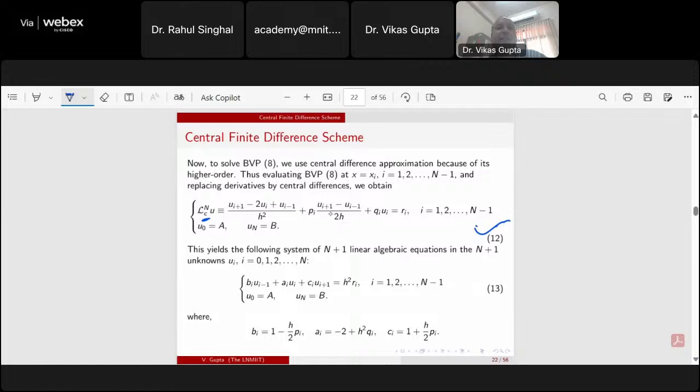This is the approximation of u prime at the point xi, plus q_i u_i equal to r_i. u_i means the value of the solution u at the point xi, and the boundary conditions are of course specified by u_0 equal to a and u_N equal to b. Because u_0 means the function value of u at the point A, and u_N the function value of u at the point B.